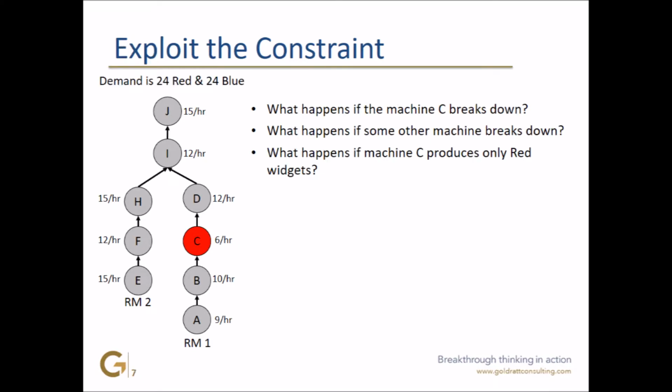Because now, if we say demand is 24 red and 24 blue for this factory, C produces 6 per hour and our total demand is 24. What happens if machine C breaks down? For the time it is down, you will not produce. So anytime C does not produce, you're not making money.